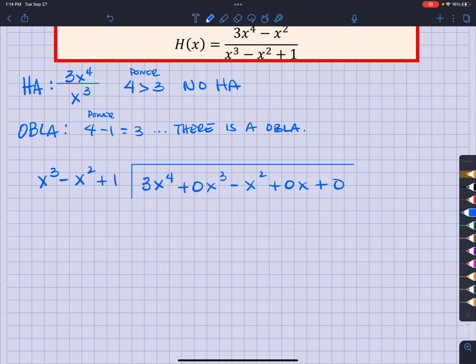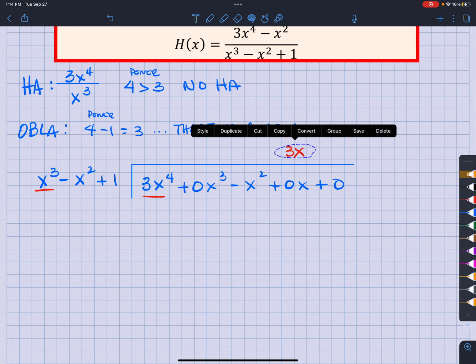So, how many times does x to the third go into 3x to the fourth? 3x times. Whoa, this makes it very easy. Actually, 3x I should probably put all the way over here. And then when I multiply, what do I get?